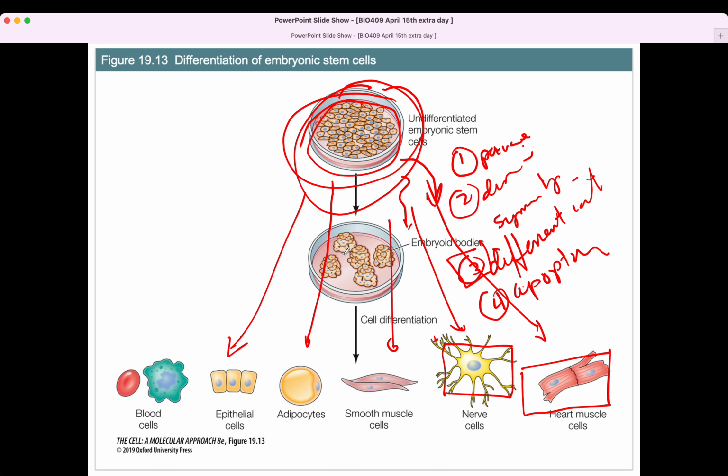And the way they do that is with these signaling factors that we've learned about in our course. Growth factors are being used to stimulate the cell to divide and grow here, and then the scientists simply switch the growth factors that are present in the dish to stimulate the cells to differentiate.